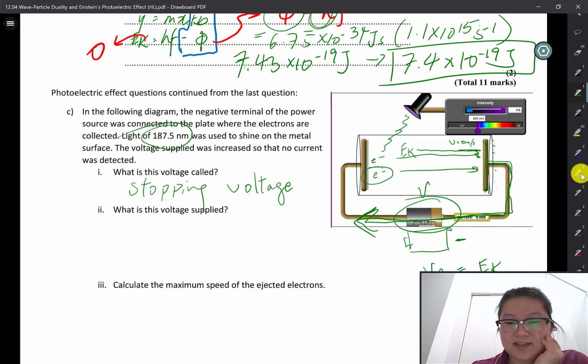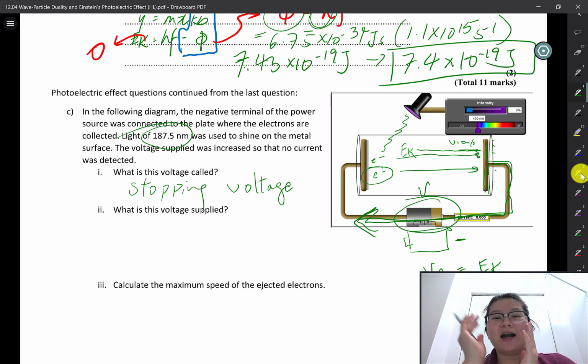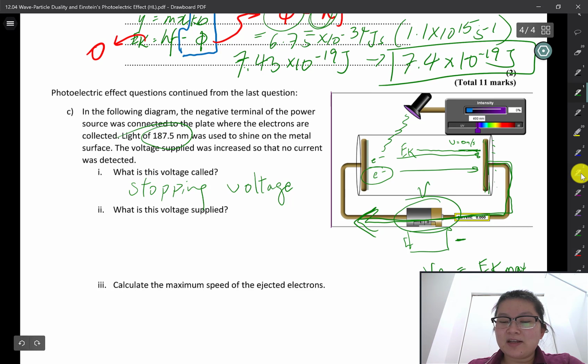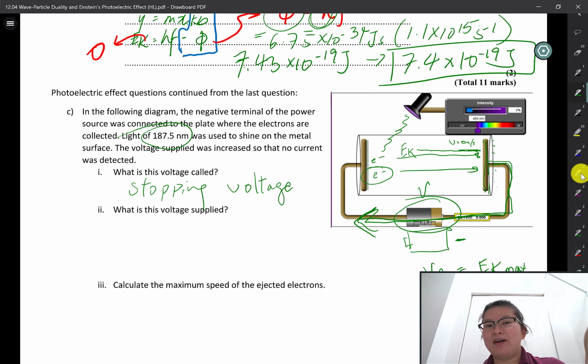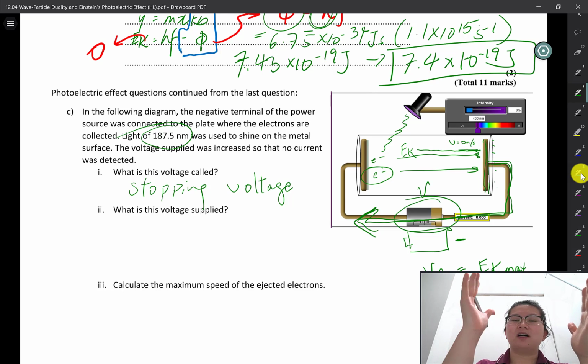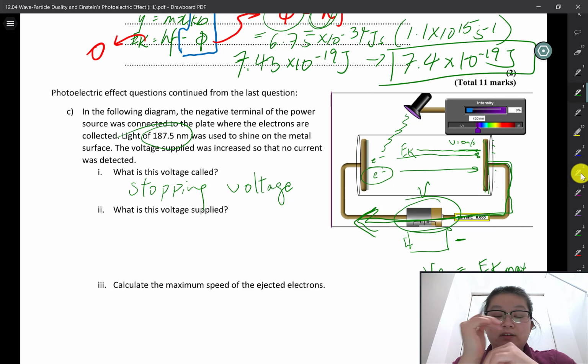Usually electrons would have varying kinetic energy, but for no current to exist, even the electrons with the highest kinetic energy do not make it across. So this is going to be equivalent to the maximum kinetic energy an electron could have after being ejected. So it stops all the electrons. It cuts off even the fastest moving electrons.